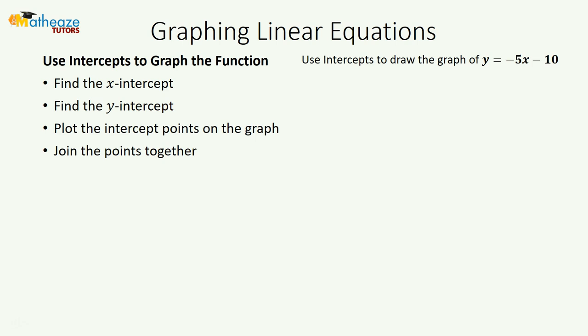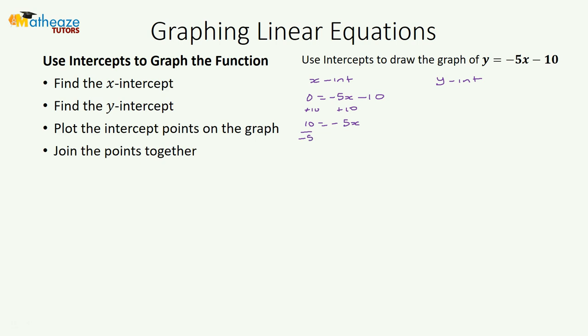Now finally, we're going to look at this example. So we're going to look for the x-intercept, and we're going to look for the y-intercept. So at the x-intercept, y is 0, so 0 equals negative 5x minus 10. So we're going to add 10 on both sides. So 10 equals negative 5x.